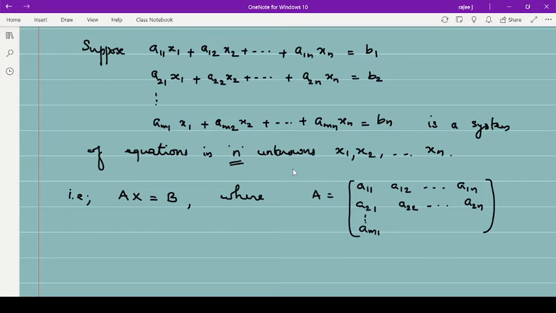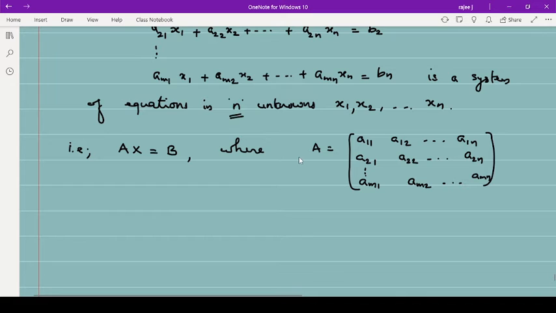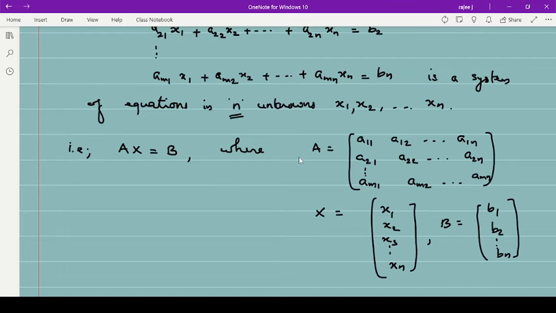X is the column of variables x1, x2, x3, etc. xn, and b is the column b1, b2, etc. bn. Don't worry about seeing this; it is just for explanation purposes only.